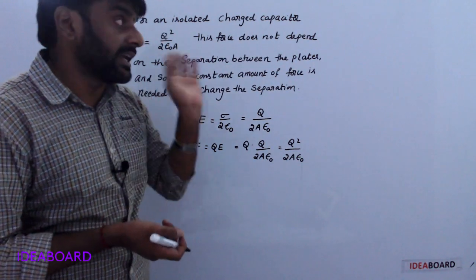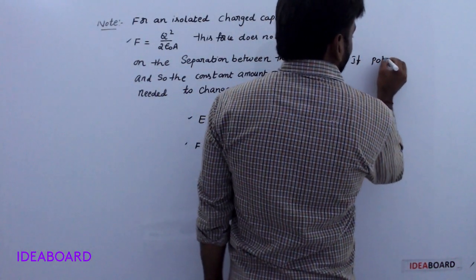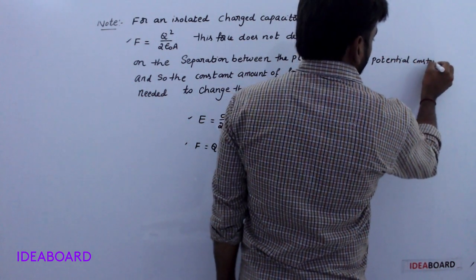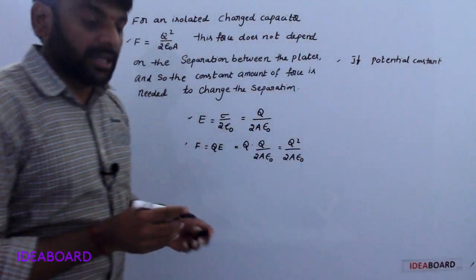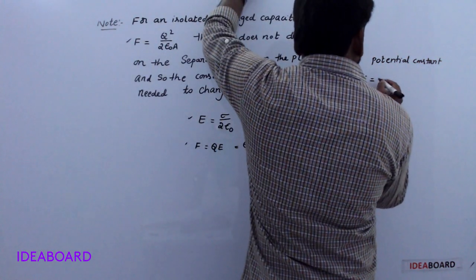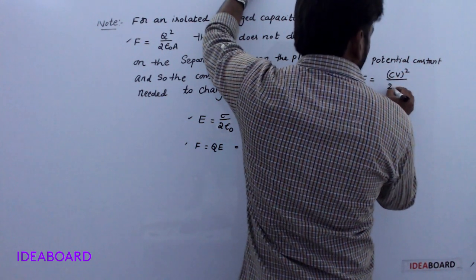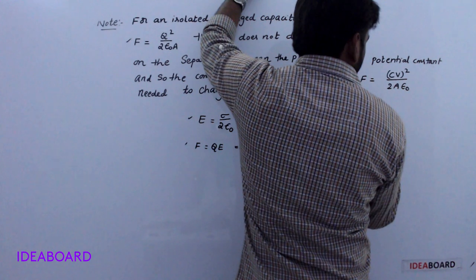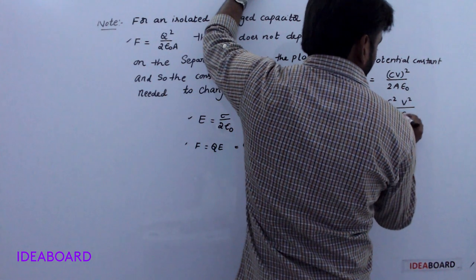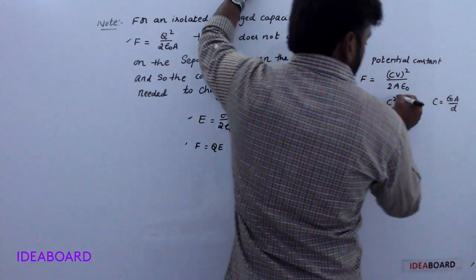If the potential difference between the capacitor plates is constant, then force is equal to (CV) whole square by 2A epsilon naught. F is equal to C square V square by 2A epsilon naught. You know C is equal to epsilon naught A by d.